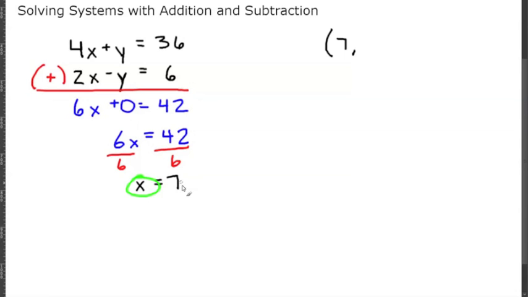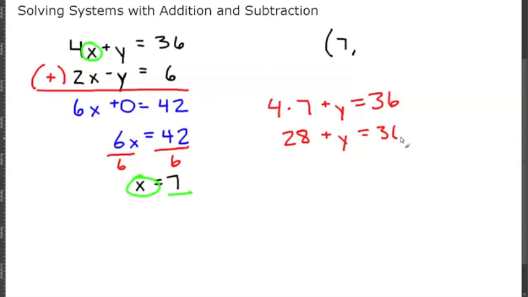Taking this x, which is 7, and plugging it in to either equation. Let's plug it into the first equation. So we're taking this 7 and plugging it in for this x. So we're going to have 4 times 7 plus y equals 36. 4 times 7 is 28 plus y equals 36.